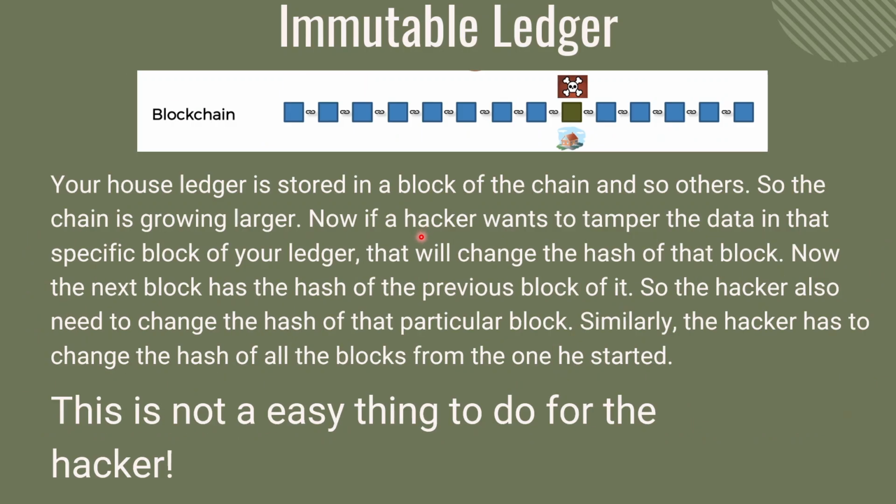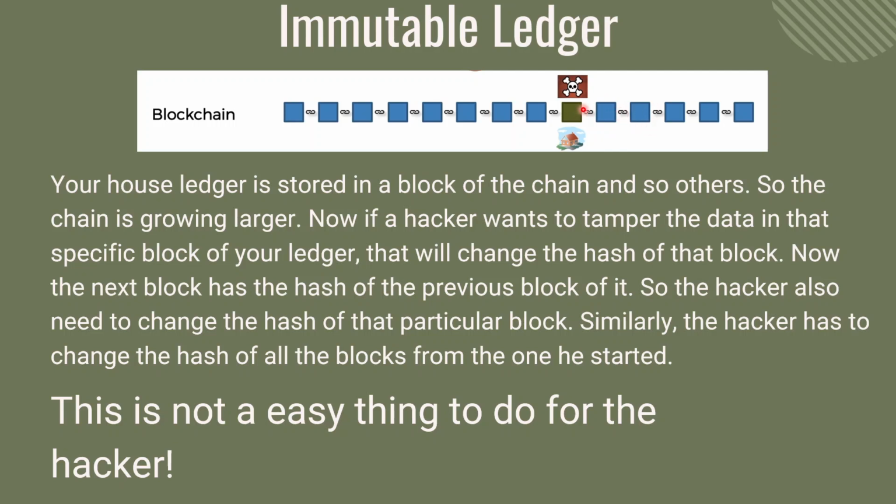So here comes the immutable ledger part. You can see there is a blockchain and each block of this blockchain has some information about a transaction, like you bought this house, which is in this block. After you buy the house, there is more information about transactions, and each of these blocks has the information of that transaction.